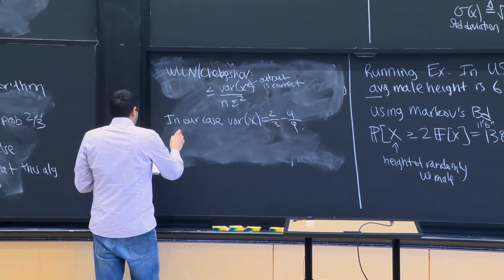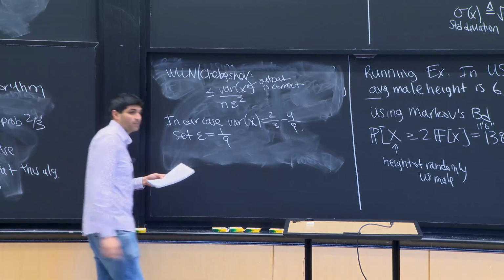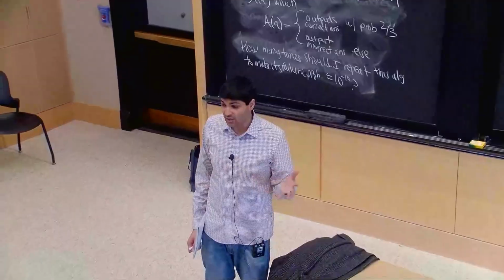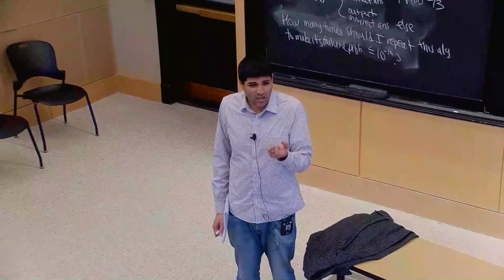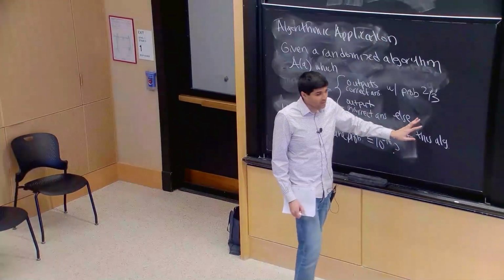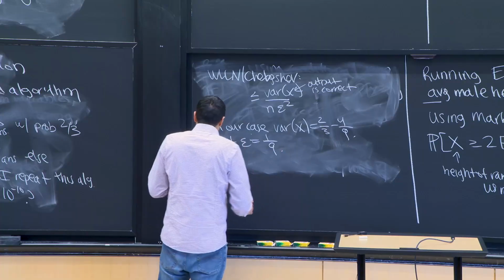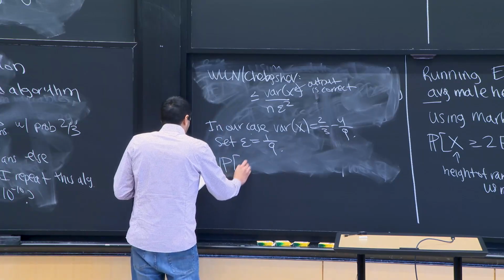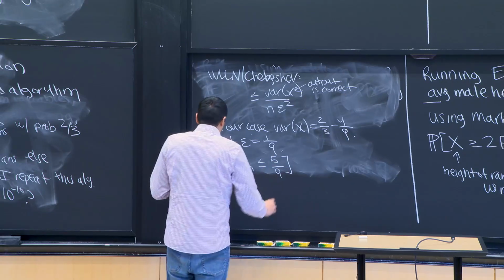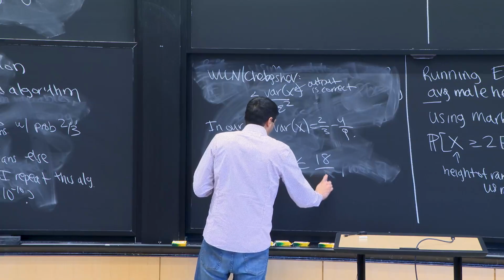And we can set epsilon to be something like 1/9. x is supposed to tell us whether or not the thing is prime, so we only have to set our tolerance to split the difference between 2/3 and 1/3. That's not where any of the action is happening. These are all just constants. But the probability that our average is off from the truth we can bound by something like 18 over n.